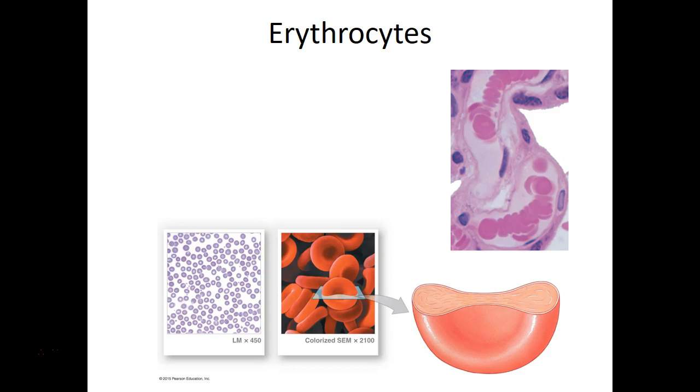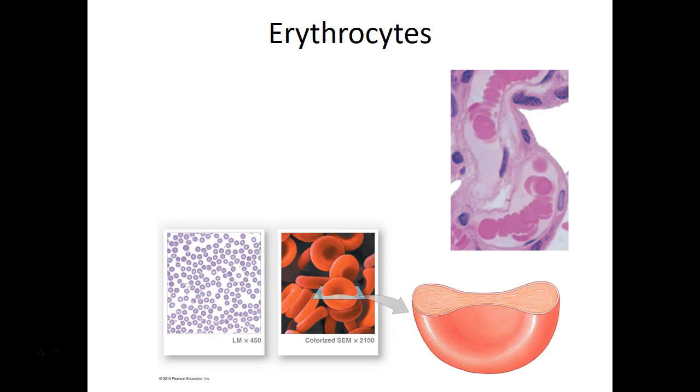But the major function of red blood cells, not surprisingly, is to ferry oxygen to tissues for it to use, and also to ferry carbon dioxide, a metabolic waste from aerobic respiration, back to what structure do we exhale carbon dioxide from?